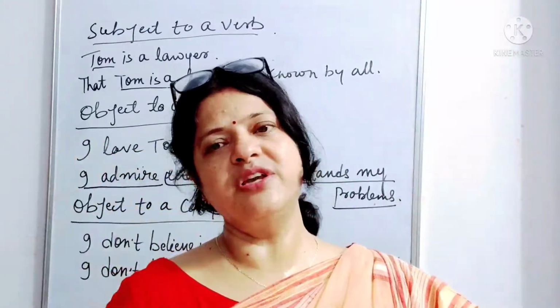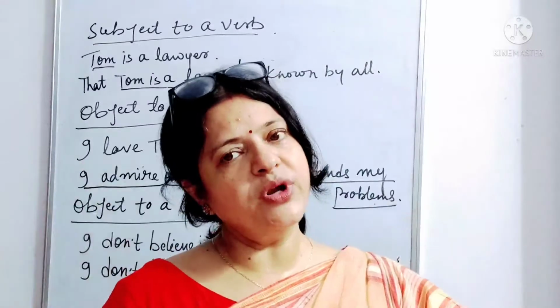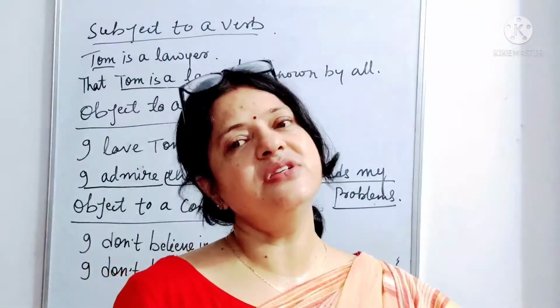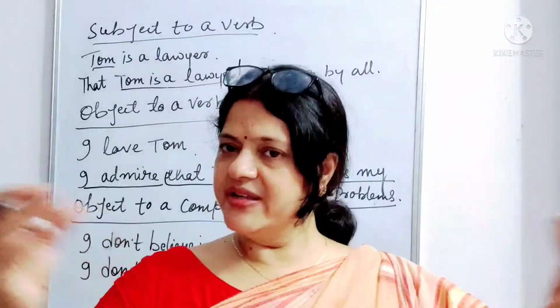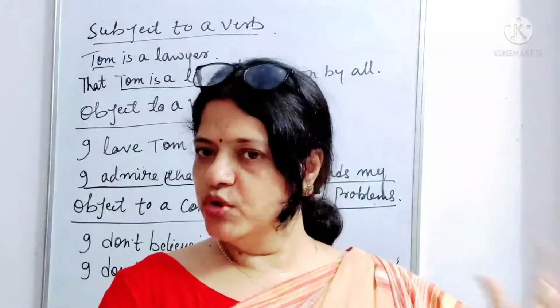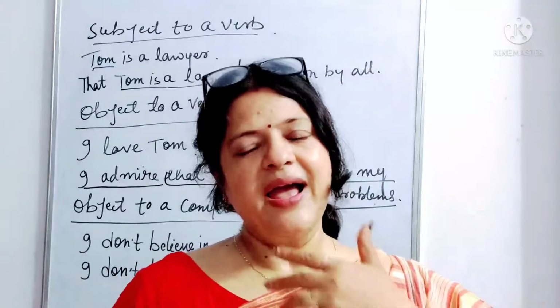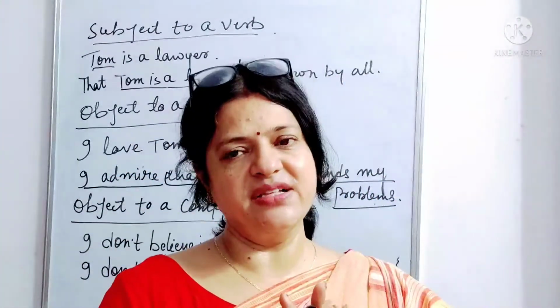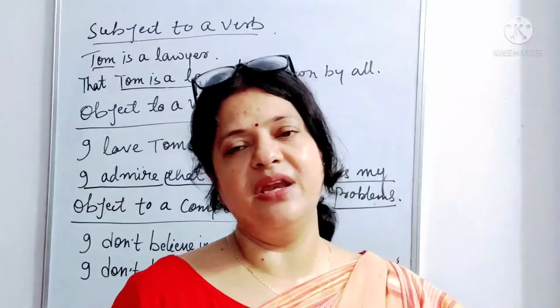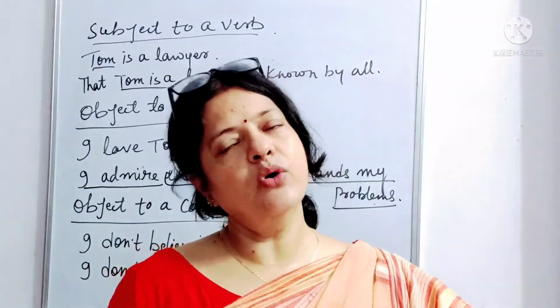The principal clause gives us complete meaning. The subordinate clause doesn't give us complete meaning; it depends on the principal clause for its meaning. Otherwise, everything is the same. Both of them have subject and verb, and both work to add to the sentence and give the complete meaning. Okay, so we were talking about noun clause.